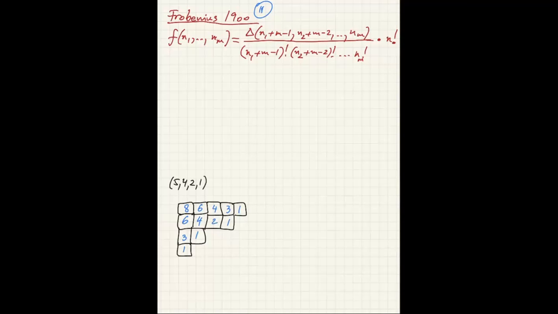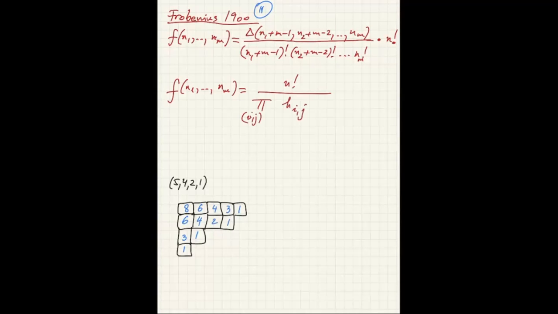and so the other formula for the number of Young tableaus of this given shape is in terms of the hook lengths, and it says that f of n1 and m will equal n factorial divided by the product over all entries ij in the tableau of the hook lengths hij.